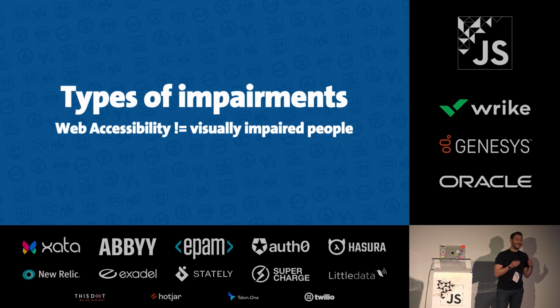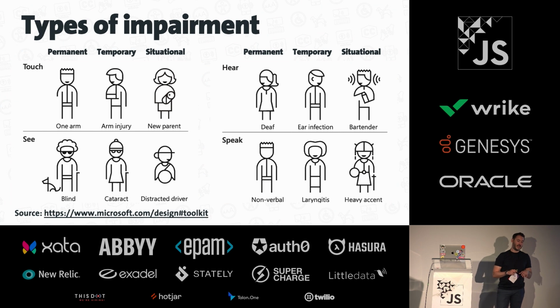It might be that we wrongly associate web accessibility only with visually impaired people, but there are other types of impairments. We have touch, hear, see, or speak impairments, and we can categorize them as permanent, temporary, or situational.